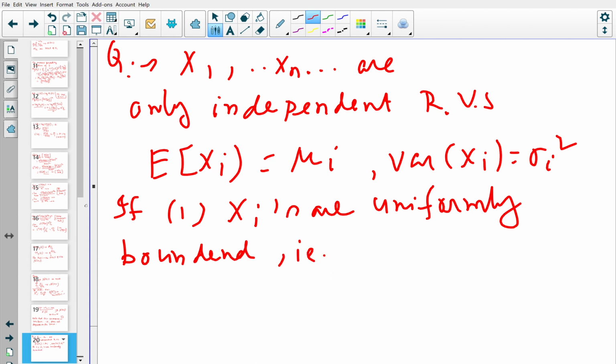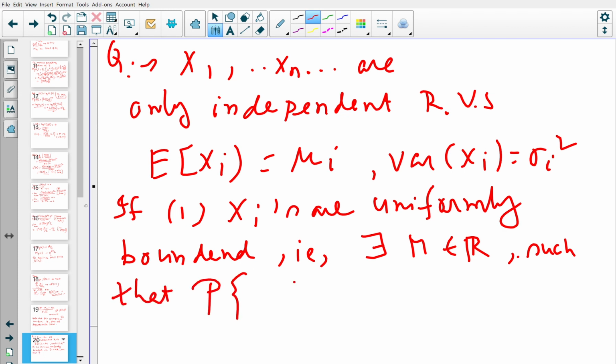That means there exists a real number M such that the probability that the absolute value of X_i is at most M is 1. So X_i takes values only in a bounded portion of the real numbers, for all i, uniformly bounded.